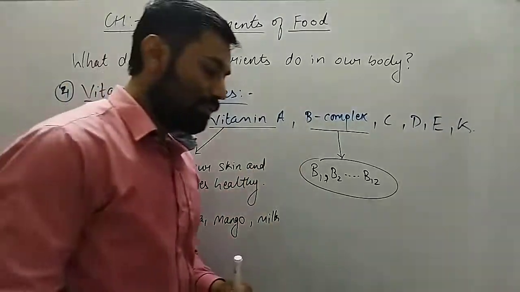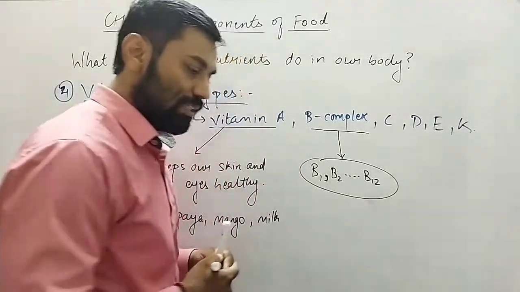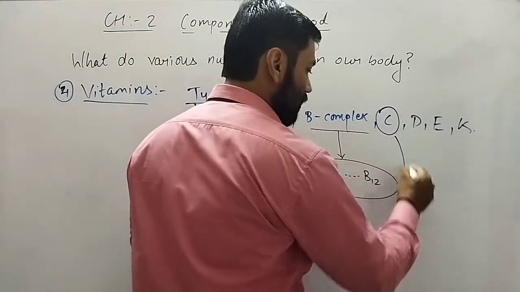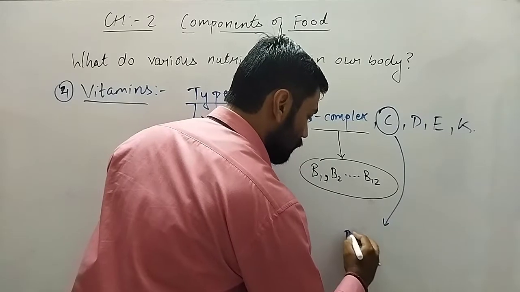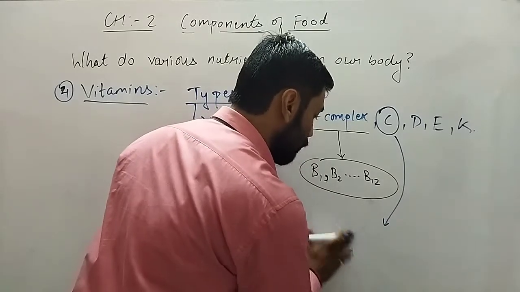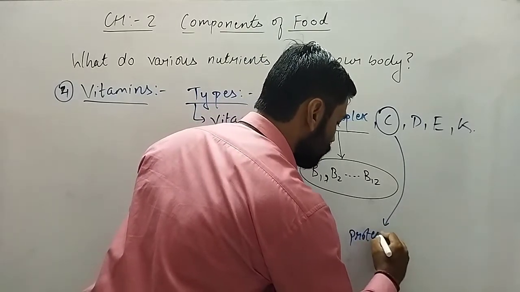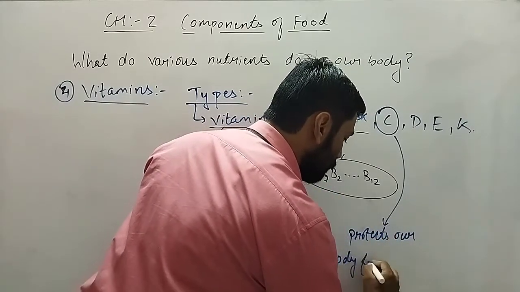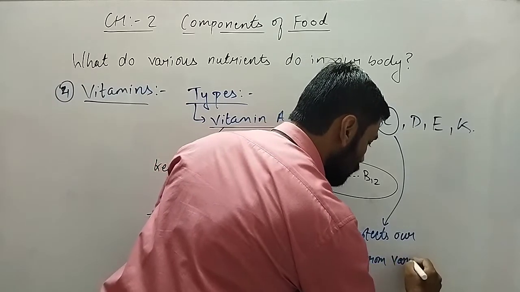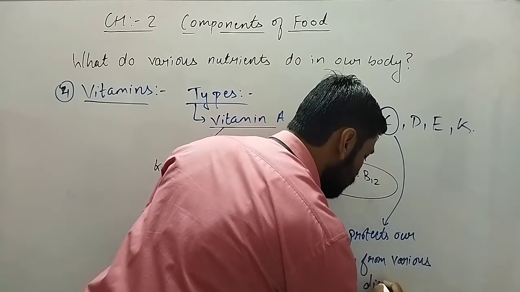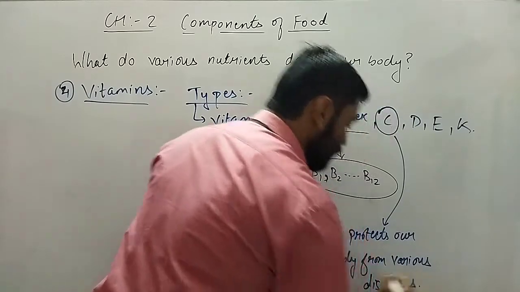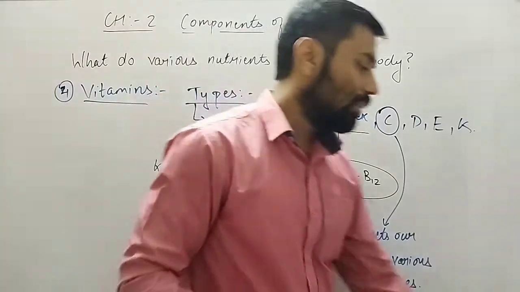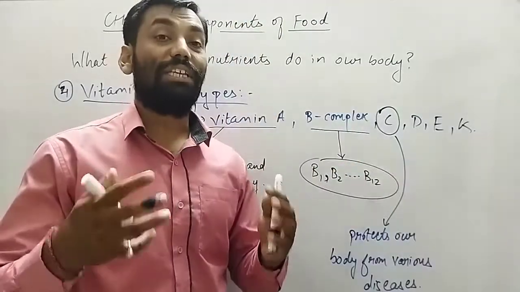Next, we will move to vitamin C. What does vitamin C do? A very good, very important vitamin, it protects our body from various diseases. That is, it provides immunity to our body.